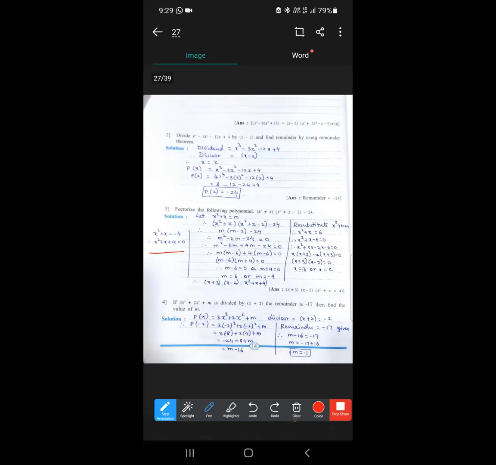So the final factors, because the question is to factorize, are x plus 3, x minus 2, and x square plus x plus 4. These are the required factors for this given polynomial. I hope this question is clear.